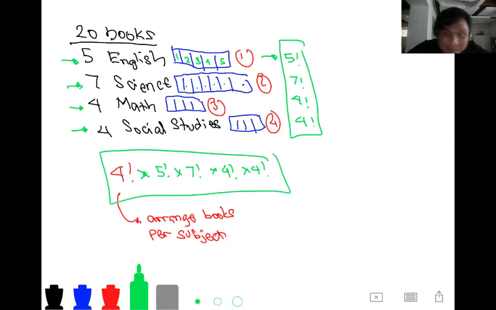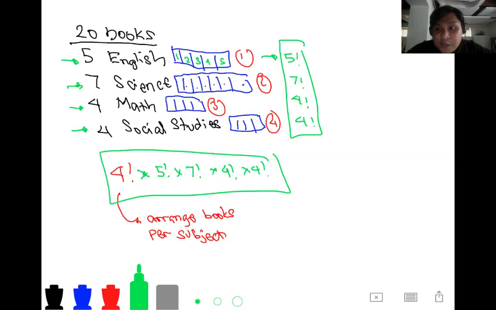Now that's actually a very big number now that you're looking at it. This is definitely beyond a manual counting skill, right? But definitely this checks out, right? If you try to use the same logic for fewer books, let's say you're only arranging 8 books, 2 per subject, right?